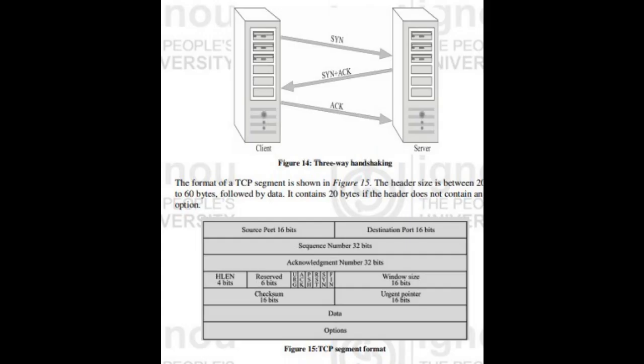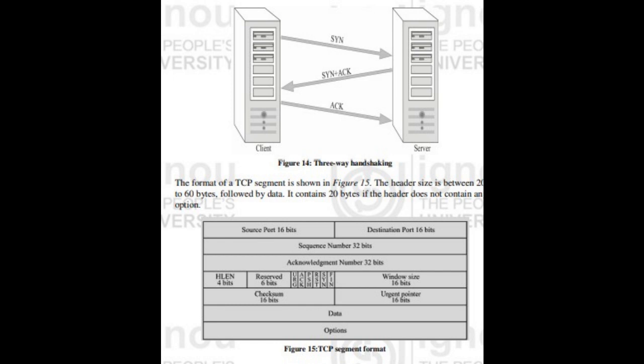The client sends the third segment, an ACK segment. It is an acknowledgement for the second segment. It bears the same sequence number as the first segment and hence does not consume any sequence number. After this handshake, communication can start between the two ends.